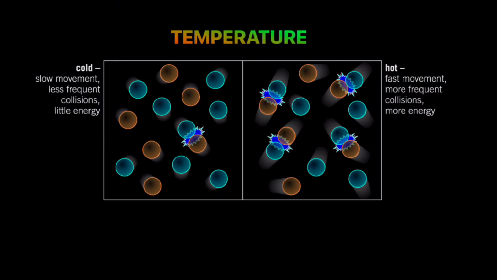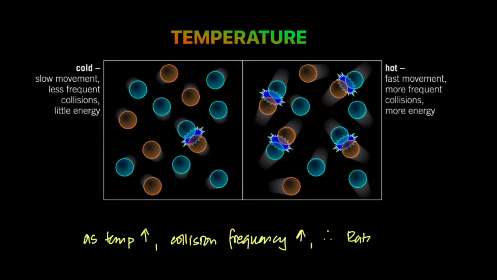So the idea is that as temperature increases, collision frequency increases. Therefore, rate increases. The number of particles is the same, but they move faster, meaning in the same amount of time they hit more things.